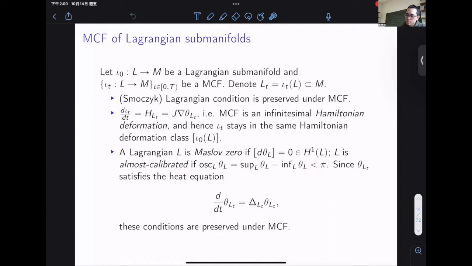And there's a very nice equation for the Lagrangian angle along the mean curvature flow: the Lagrangian angle satisfies the heat equation. And therefore, by the maximum principle, all these properties like Maslov zero and almost calibrated are preserved along the mean curvature flow. Okay, so the mean curvature flow of Lagrangian submanifolds seems to have some nice properties.